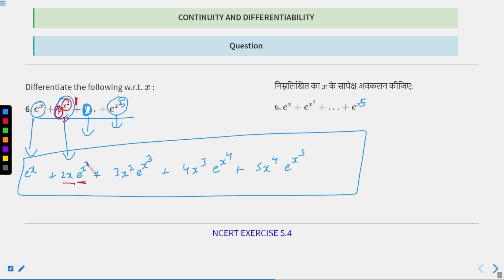Whatever is already there, please put that, and you will get your answer. If you face any exponent power something, try to give numbers, follow that order, find the differentiation of the respective terms, and then just multiply all and you will get your answer.